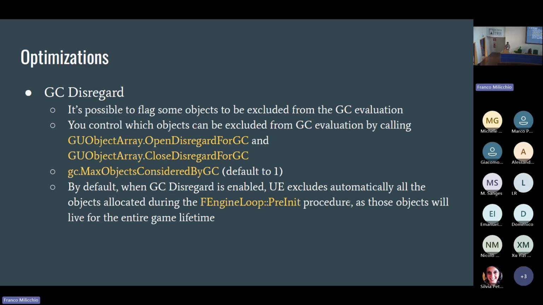So a lot of objects that will stay in memory anyway, because they will be needed through all the course of your game, will be excluded from the GC evaluation. So it is a good optimization that you can use.